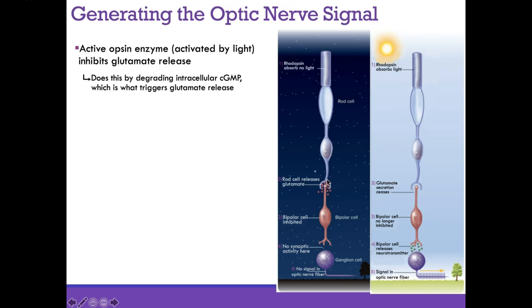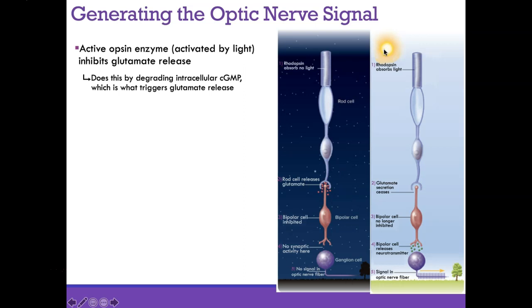How it does that is opsin can break down the second messenger cyclic GMP, which is what normally triggers the glutamate to be released. So in its natural state in the dark, there's a lot of cyclic GMP, a cousin of cyclic AMP, in the rod cell that's making the glutamate be released. So when there's a lot of cyclic GMP, glutamate is being released, which means no message is being sent.